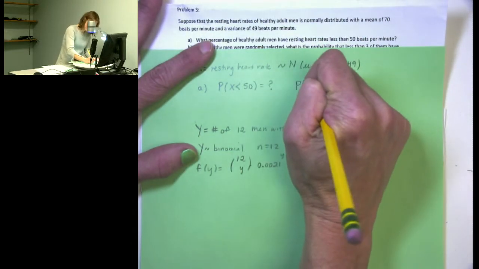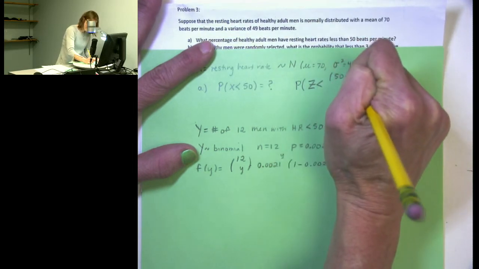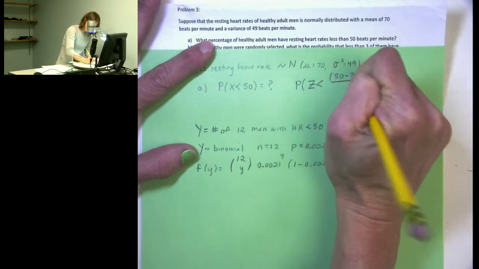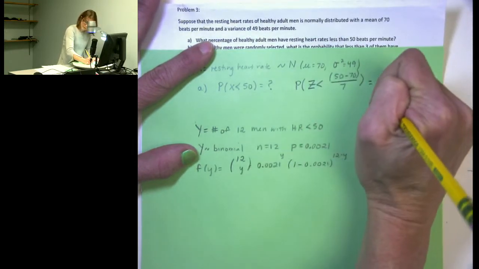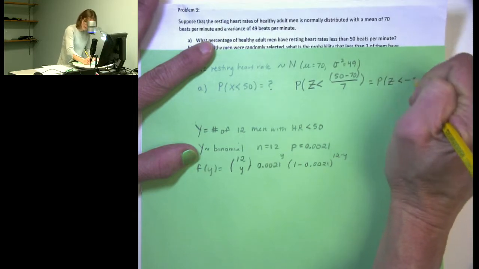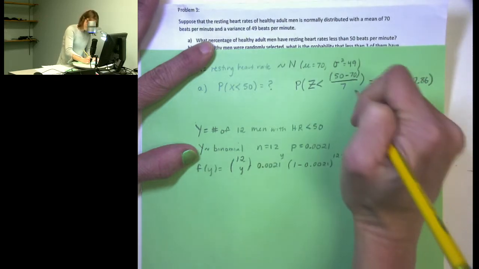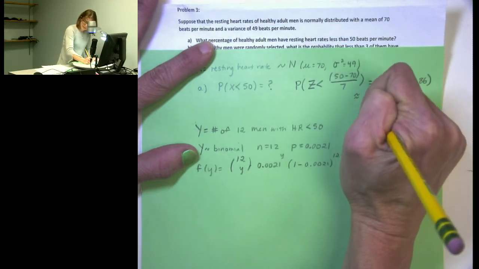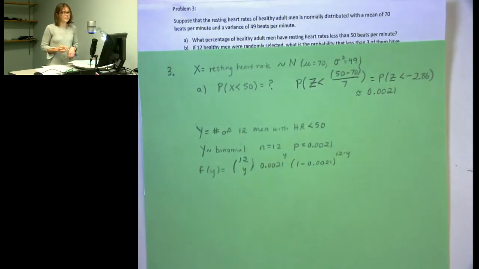So this is the probability that a standard normal takes a value less than (50 minus 70) over 7, which is the probability that a standard normal takes a value less than negative 2.86, which is approximately 0.0021. Okay.